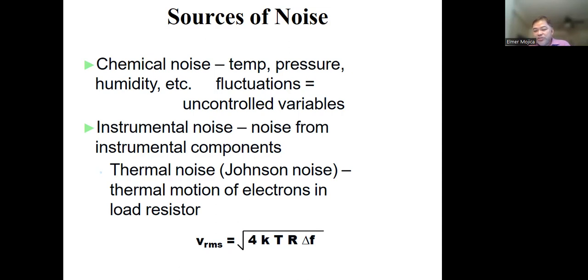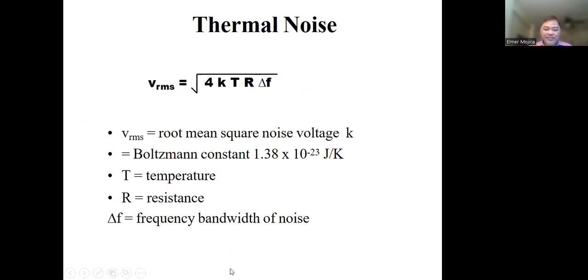It's a thermal motion of electrons in a resistor. So if you're going to look at the formula, you have the root mean square noise voltage, so yan yung movement ng electron, and then you have the k, that's the Boltzmann constant, and then the temperature, resistance, and then the frequency bandwidth of noise.